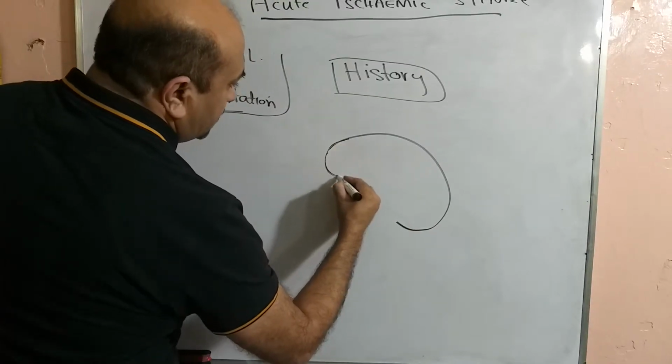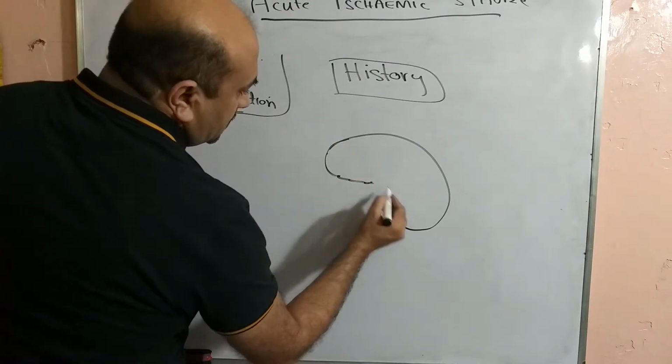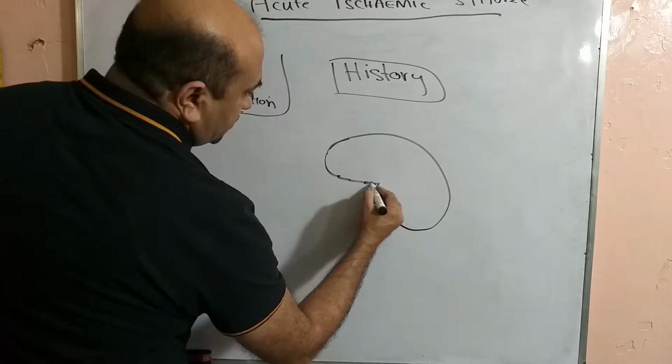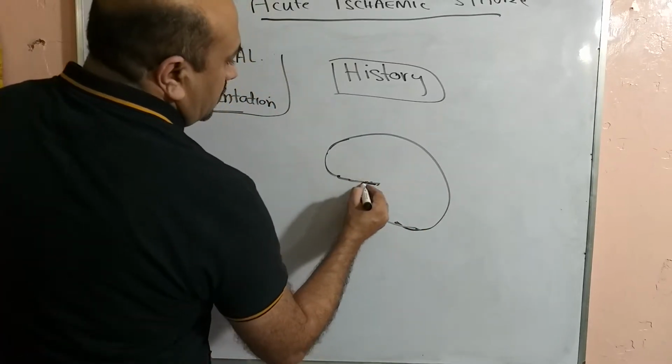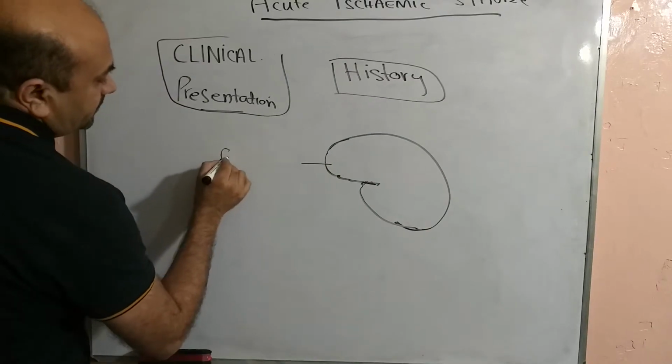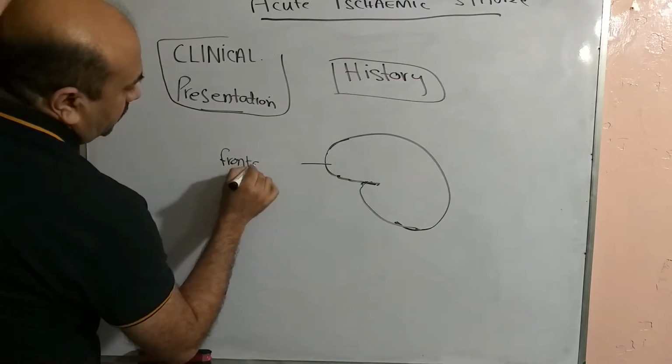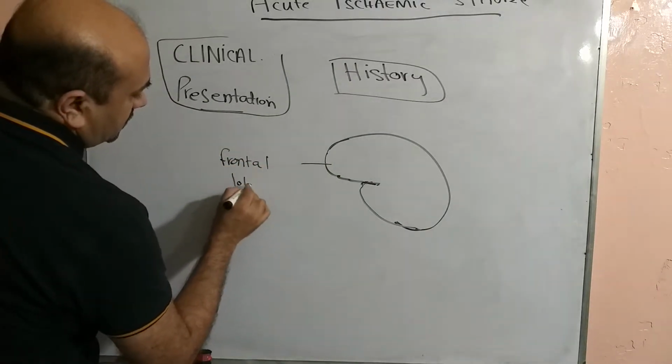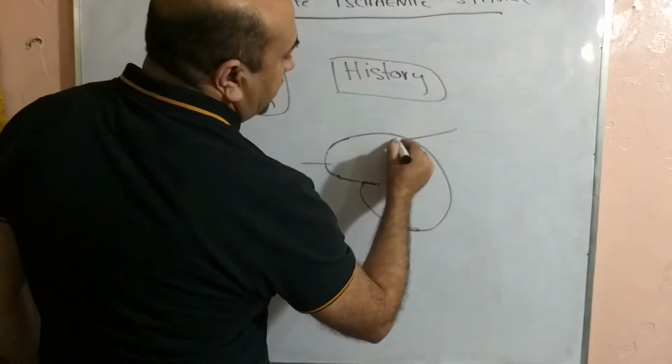If we have it, this is the frontal lobe. Okay, it's a rough diagram. This is the frontal lobe. This one is the parietal lobe.